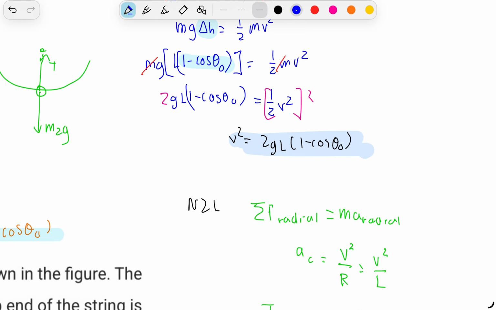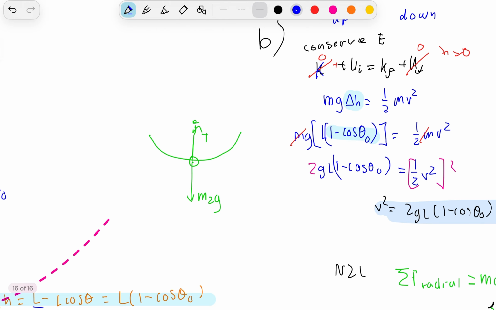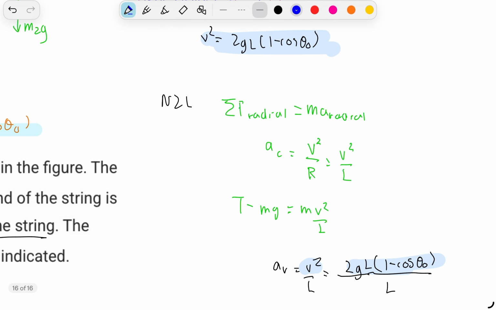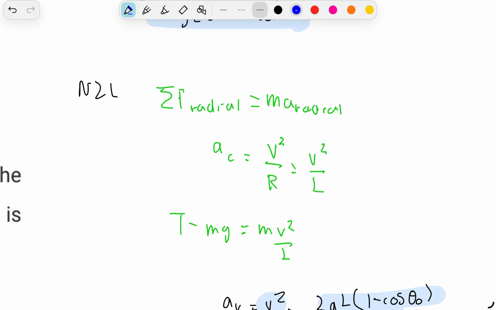Now we can do some centripetal work. At the very bottom, you have your tension force acting upward because the string is pulling the mass upward, and you have your mg, your force of gravity, acting downward. In order to find our radial force, we have the mass of our sphere times the acceleration in the radial direction, which is equal to v squared over r.